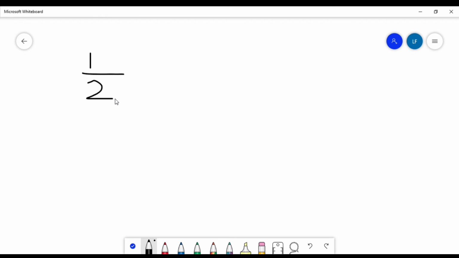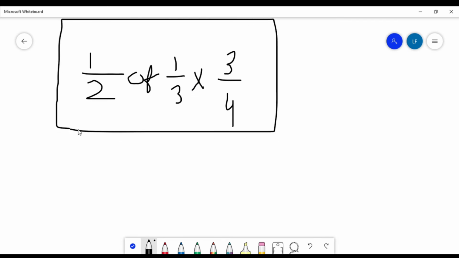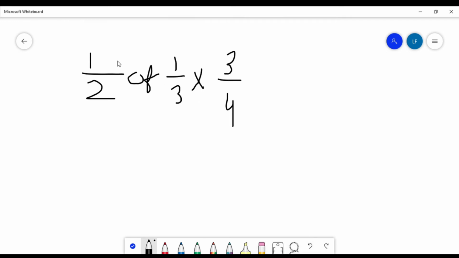1 by 2 of, this is how I write of, 1 by 3 into 3 by 4. This is our question. So now how are we going to do this?